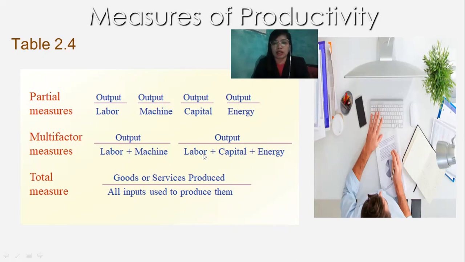Another one is you also need labor plus your capital. And then we have the total measure. For the partial, you only have the specific input: labor, machine, capital, and energy, not including the labor in the machine. In the multi-factor, you add the labor in the machine, and then labor and capital.